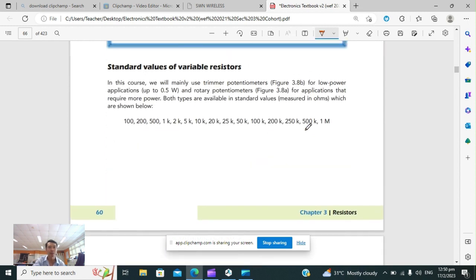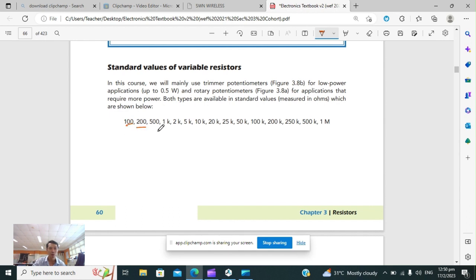So that's what I mean by choosing a current limiting resistor. Okay. So if we look at variable resistors, same as fixed resistors, there isn't a manufacturing facility that manufactures every single resistor value under the sun. So they manufacture standard values of variable resistors.